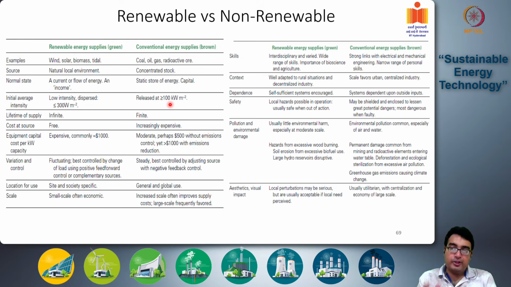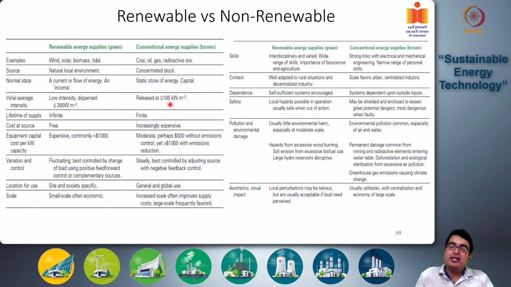So it's a concentrated, high-energy stock which requires very little land area to store. The energy density of these concentrated stocks is very high, which makes it super convenient to harness within a small power plant or a small nuclear reactor. A large amount of energy can be released very quickly in a very small area.